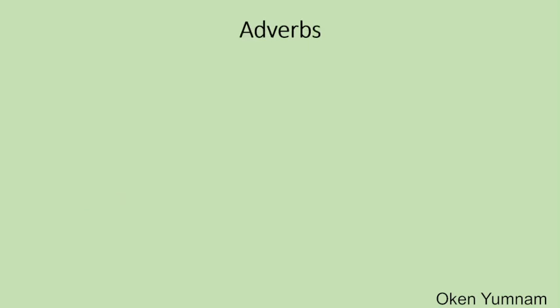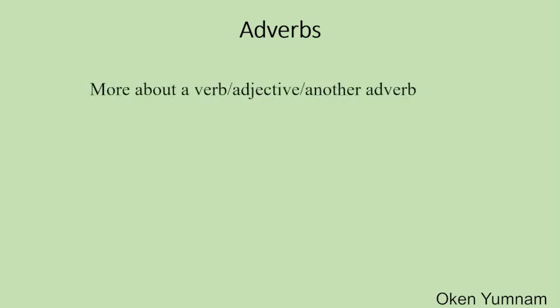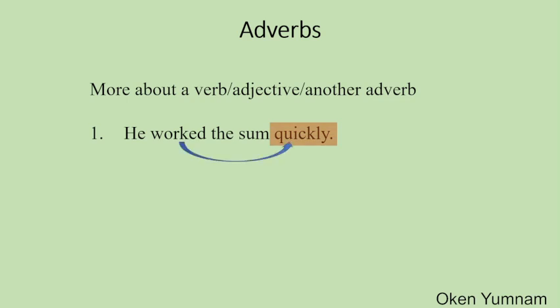Then coming to adverbs. What are adverbs? Adverbs are words that give us more information about a verb, an adjective, or another adverb. Let's see the examples here. He worked the sum quickly. Here the word quickly gives us more information about work, which is a verb. How did he work?